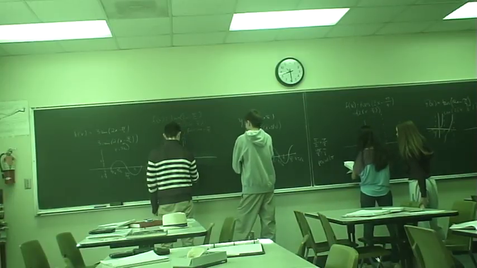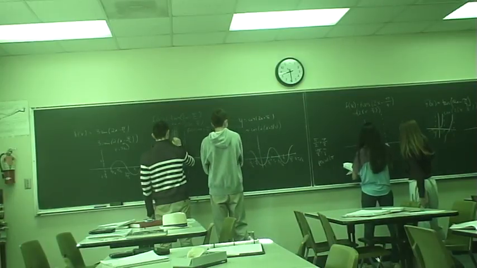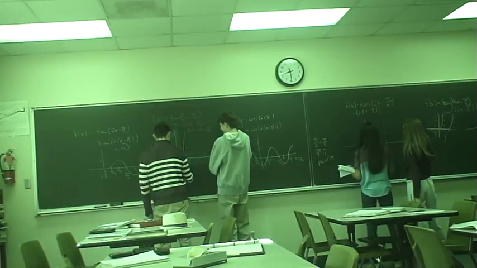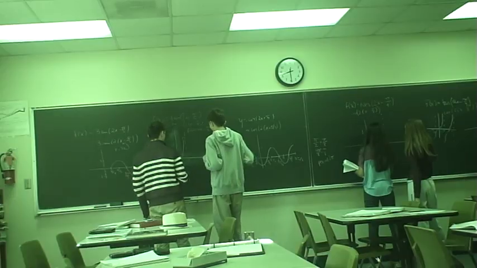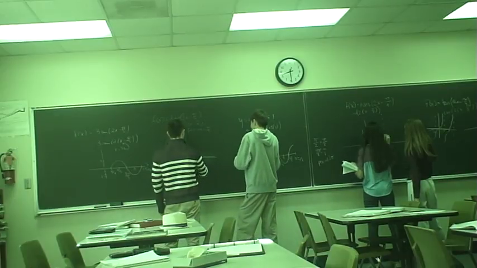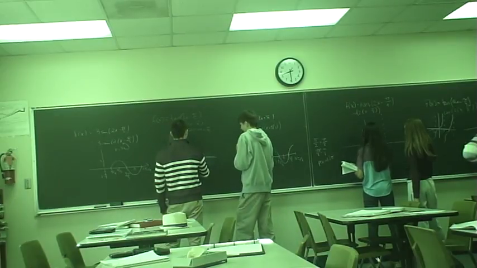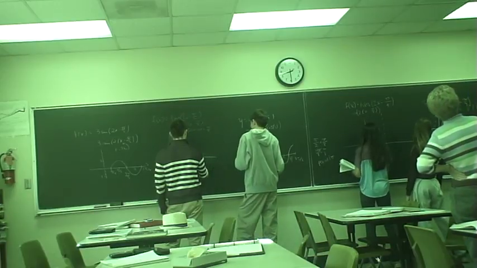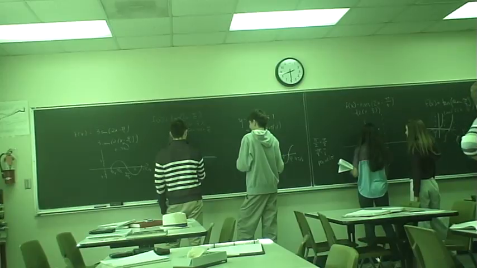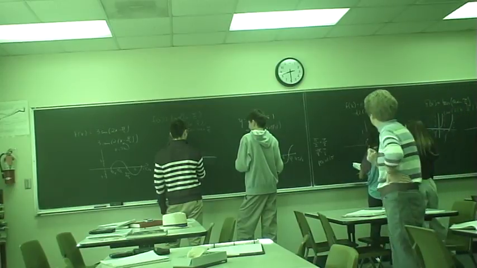Because the normal period, pi divided by 2, is pi over 2. So, okay, what is this going to be? This is pi over 2. Right, pi over 8 plus pi over 2. Okay, so now the period is 4 pi over 8. 7 pi over 8.